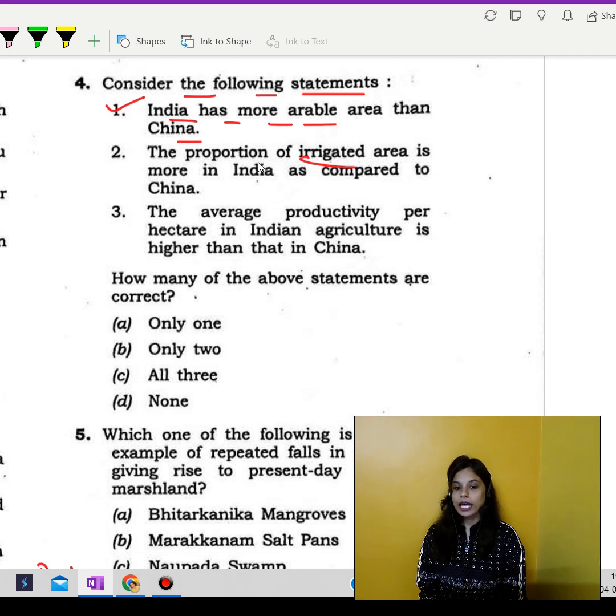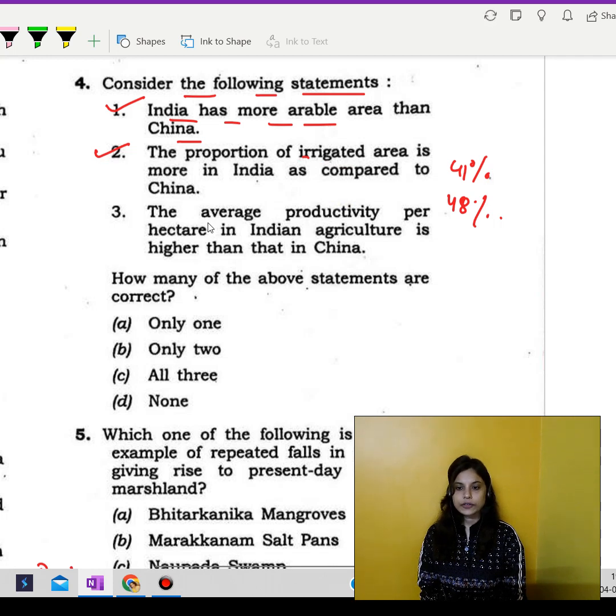So, India has a higher proportion of irrigated land than China because China's irrigation cover is around 41% of the cultivated area, and if we compare it with India, India has around 48%. So yeah, we can say the second statement is also correct.